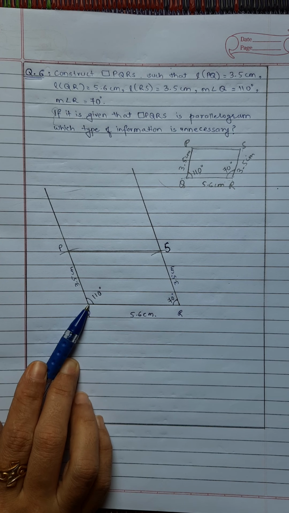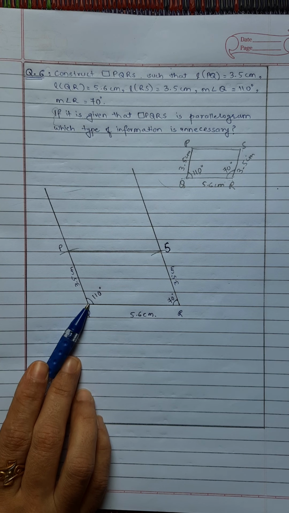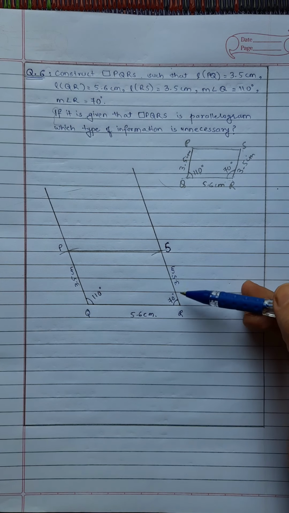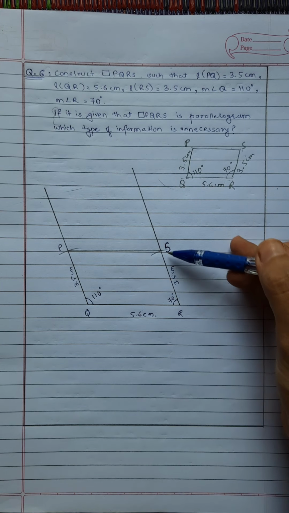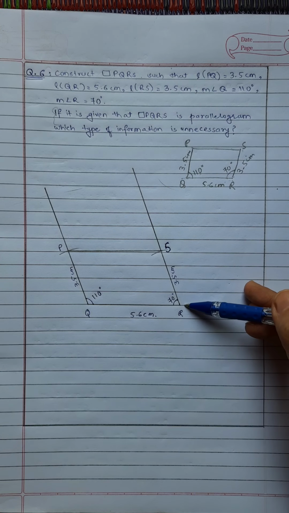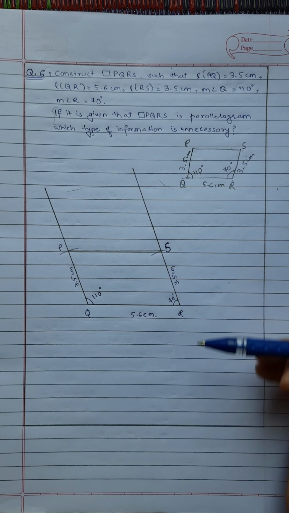So it becomes easy to prepare the parallelogram when the adjacent sides' length and the angle in between, its measurement, is given. Therefore, which information is unnecessary? You can say the 70 degree and this 3.5 centimeters information is unnecessary.